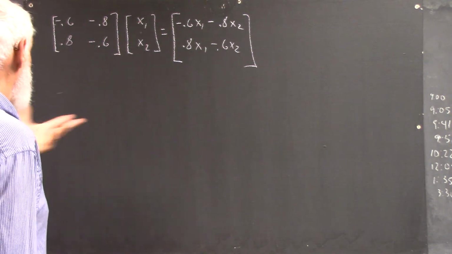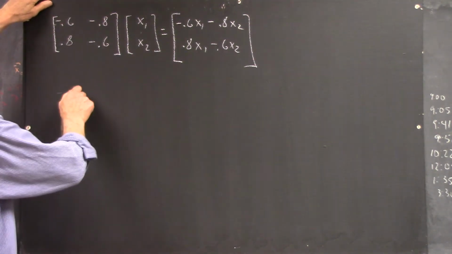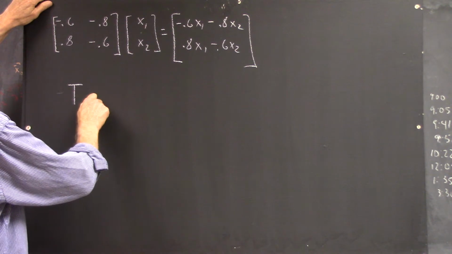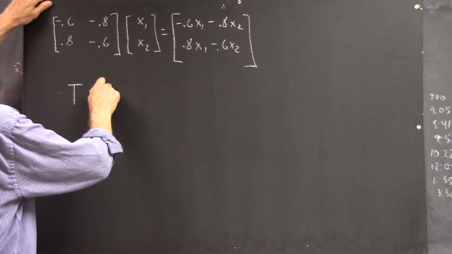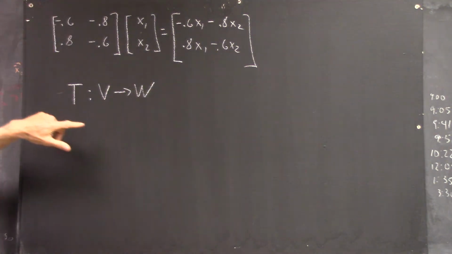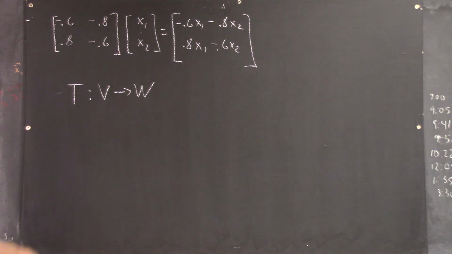Okay, so that's this. Now this is a transformation. So we kind of do this. We call this a transformation from one vector space to another, okay?